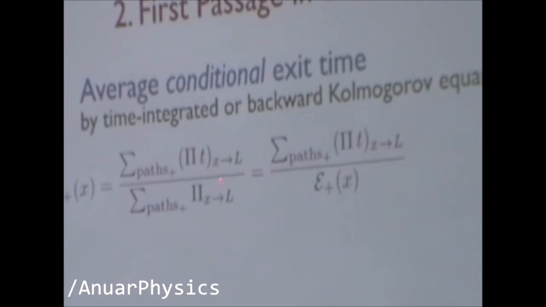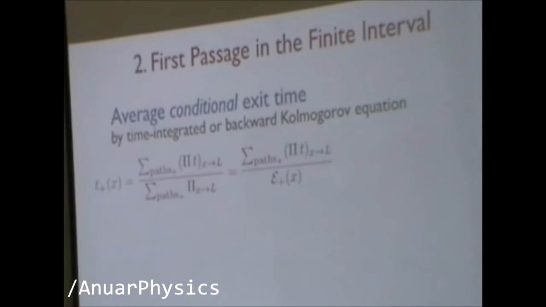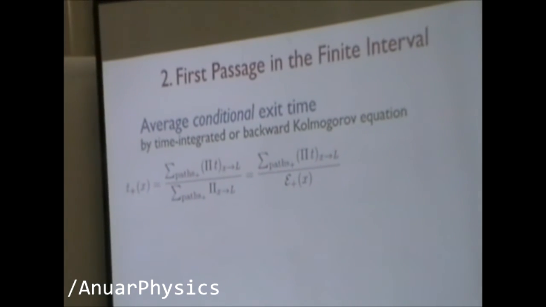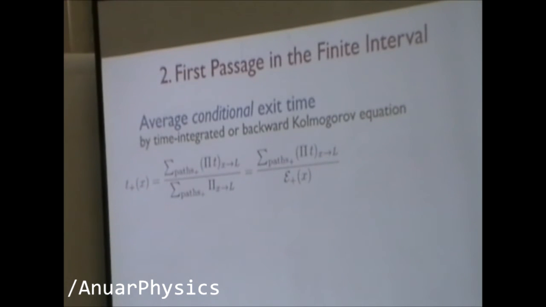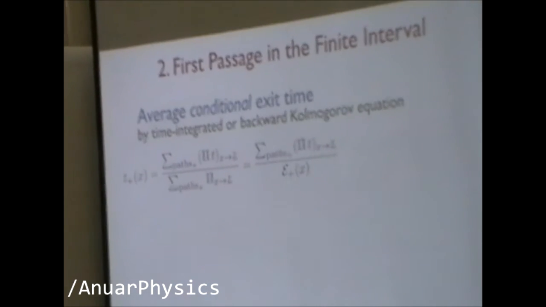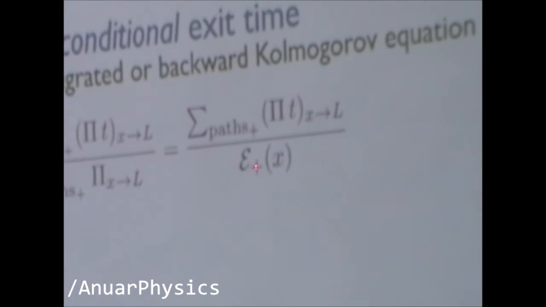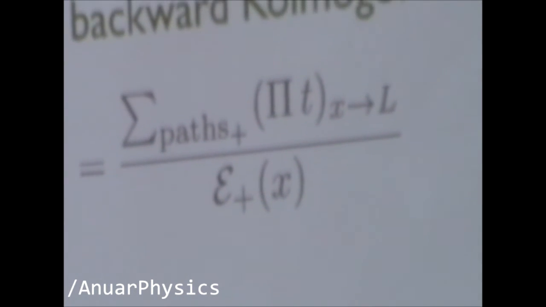But the simplification happens because the denominator, the sum over all paths of the probability that it will exit by the right side, is what we've defined as the exit probability to the right side. To keep my notation consistent, I'm putting a plus sign here to denote the exit probability to the right side starting from x.